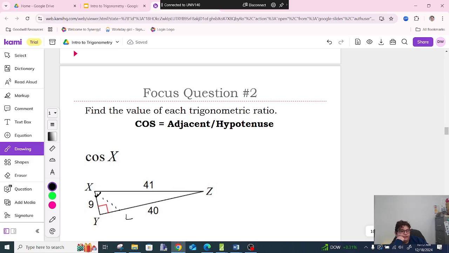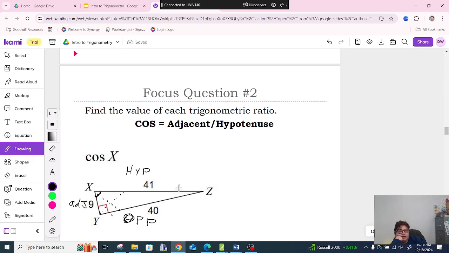It'd be, yeah, this one over here is opposite. Okay, now I'm going to label the hypotenuse. Across from the 90, hypotenuse. And now I label the adjacent. Which one's the adjacent? The 9, the one I haven't labeled yet.